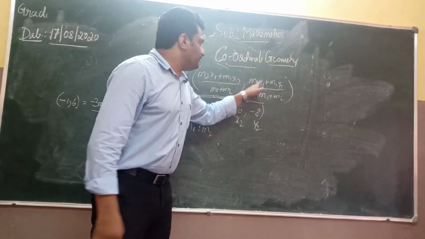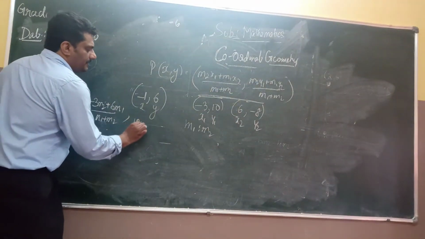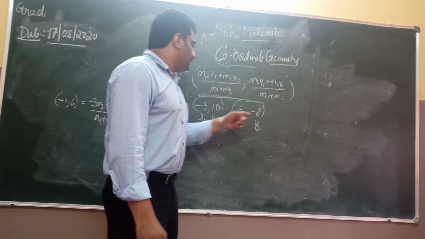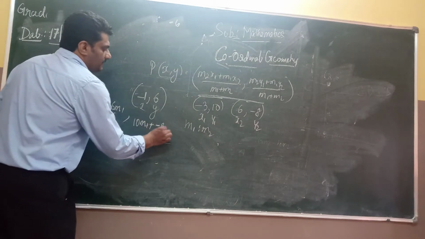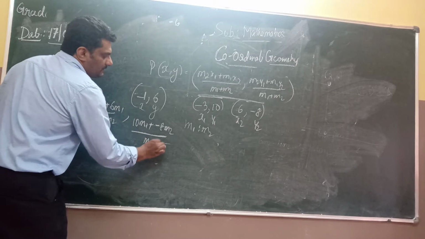Next one is m2 y1. m2 as it is, y1 is 10, so 10 m2, plus m1 y2, y2 is minus 8, so minus 8 m1, divided by m1 plus m2.